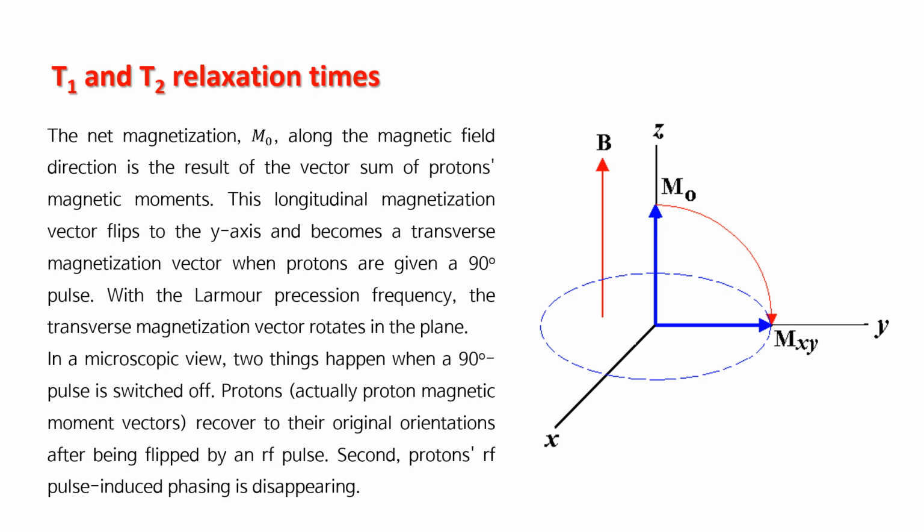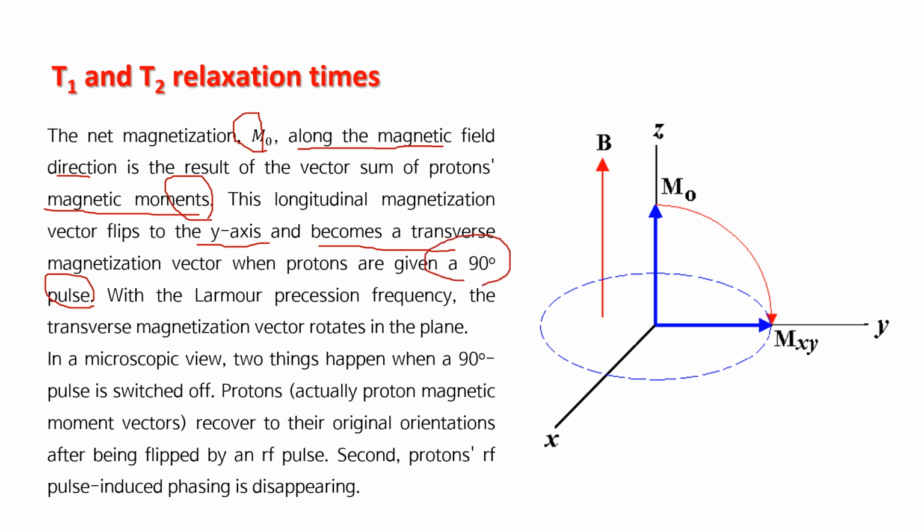Now let's see the T1 and T2 relaxation times. The net magnetization M0 along the magnetic field direction is the result of the vector sum of the protons' magnetic moments, as we already mentioned. This longitudinal magnetization vector flips to the y-axis and becomes a transverse magnetization vector when protons are given a 90-degree pulse.